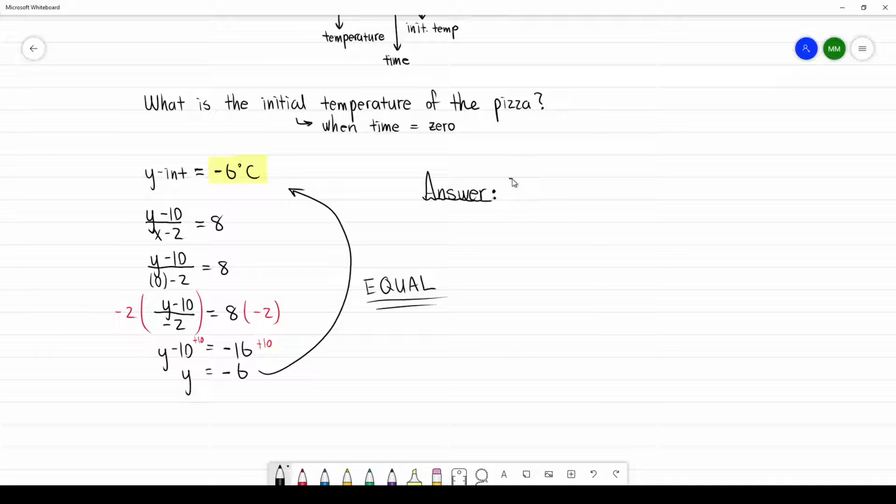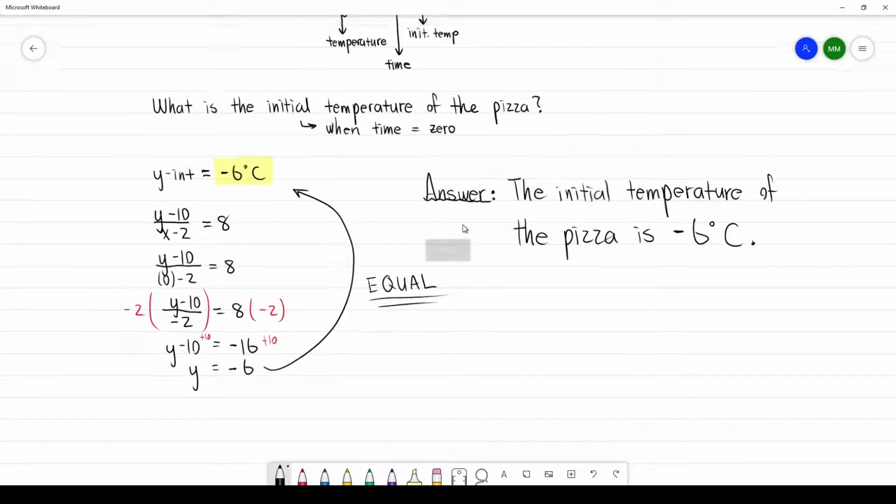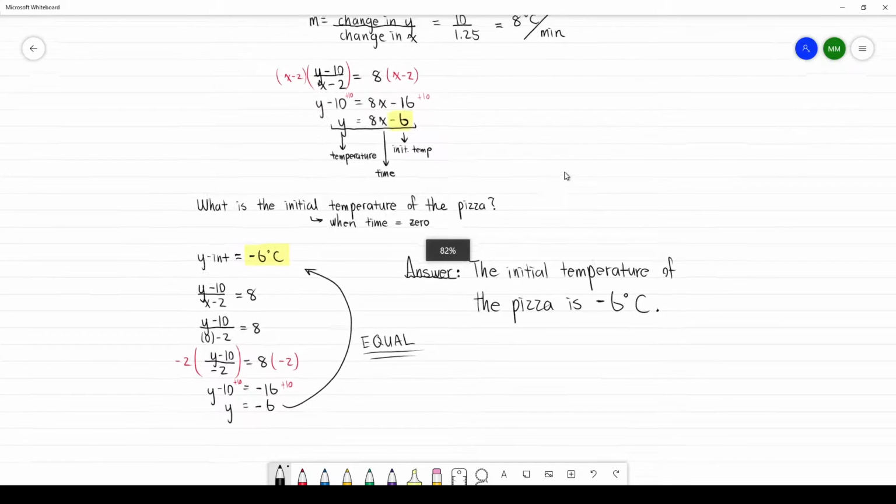So I can say, the initial temperature of the pizza is -6 degrees Celsius. So that's all for this one.